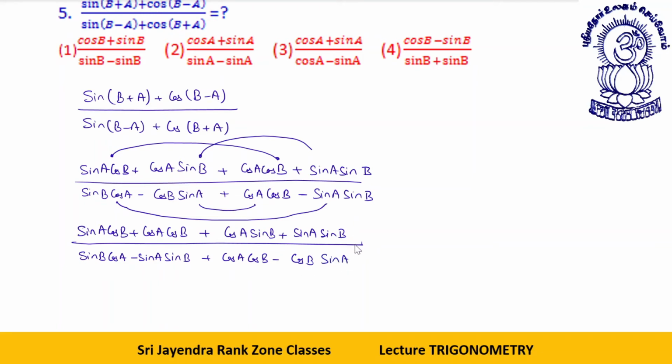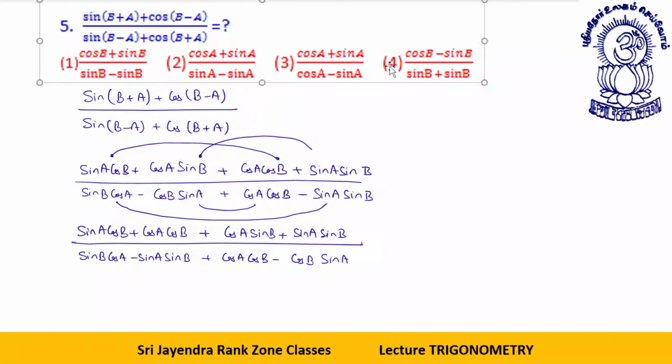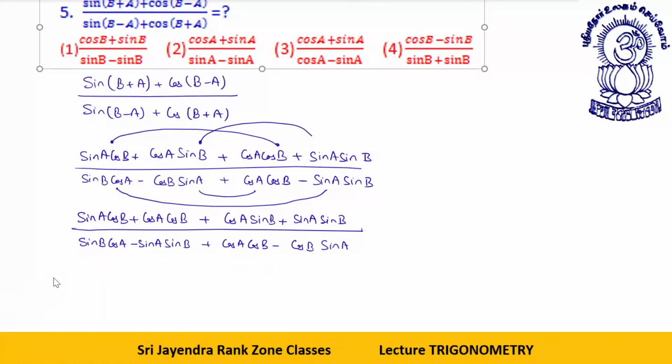Now what do you get, dear students? Now from these two, what I can take common is cos B. If I take common cos B, what do I get? Sin A plus cos A. From here, what can I take common? Sin B. What do I get? Cos A plus sin A. So in the numerator, overall, we have sin A plus cos A common.